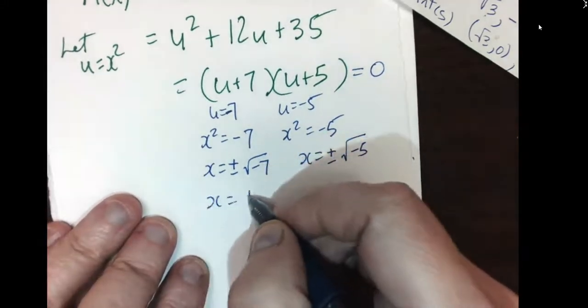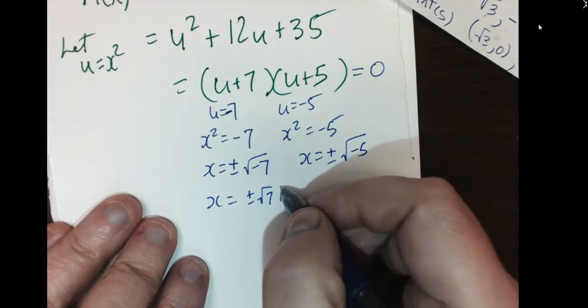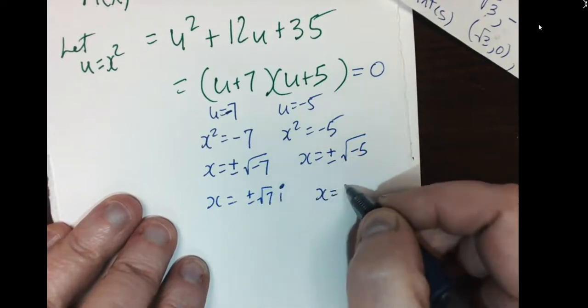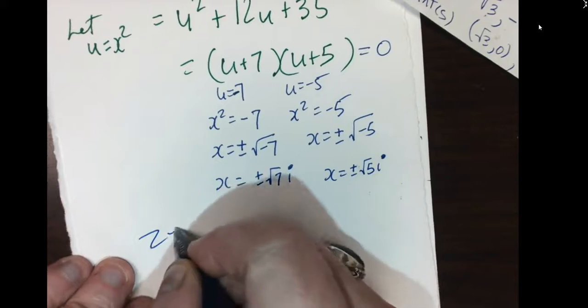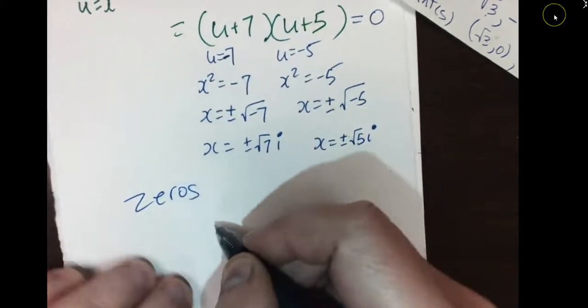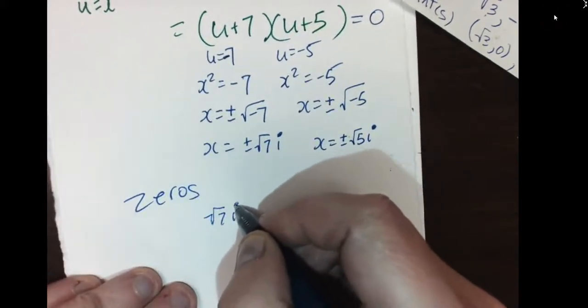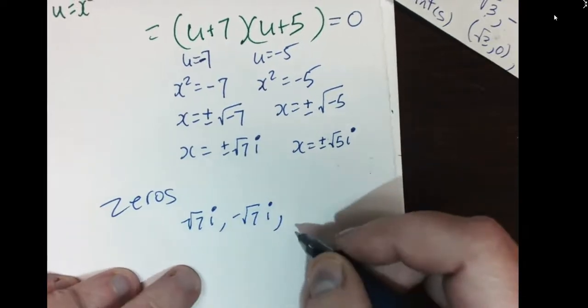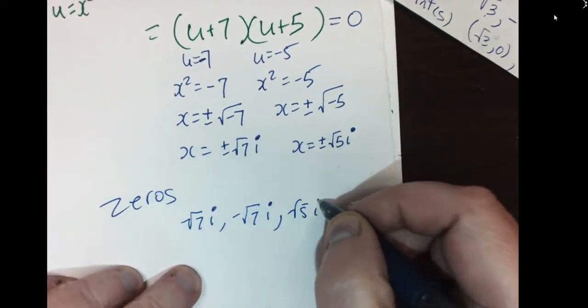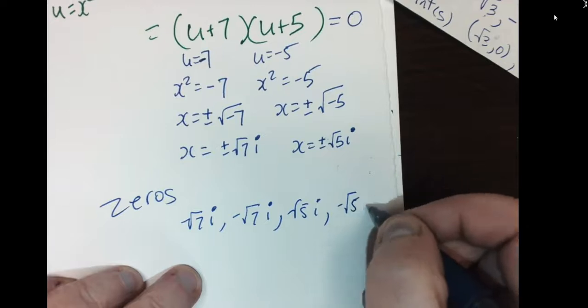So x is going to be plus or minus the square root of 7 i, and x is going to be plus or minus the square root of 5 i. So my zeros are going to be the square root of 7 i, the negative square root of 7 i, the square root of 5 i, and the negative square root of 5 i.